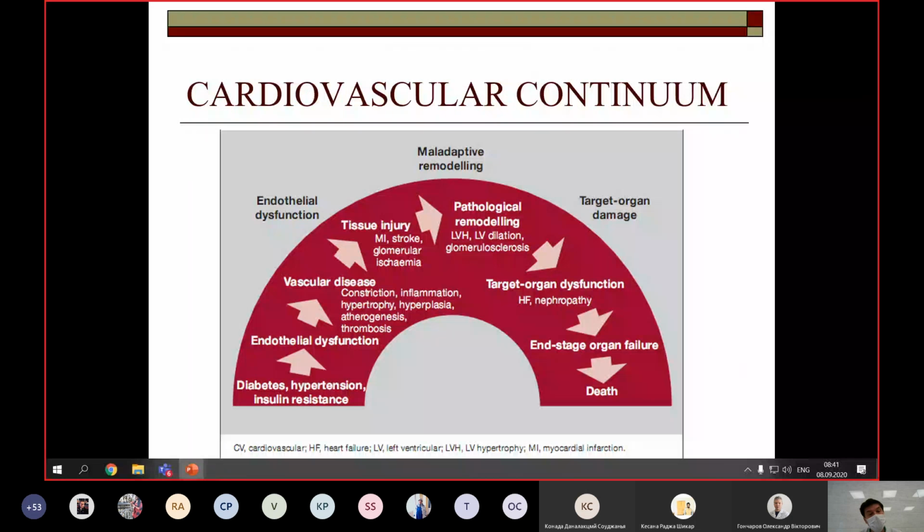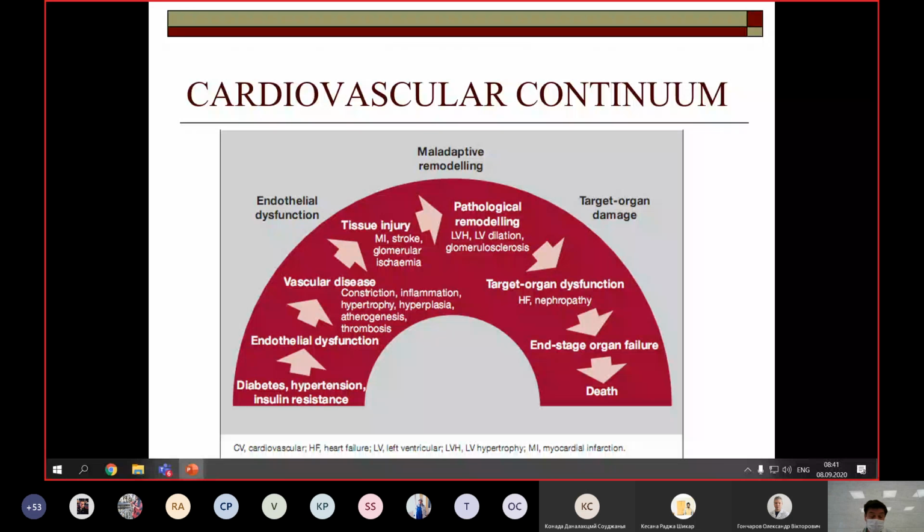On this slide, you have the illustration of the cardiovascular continuum reported recently by Eugene Braunwald. The slide illustrates some molecular mechanisms and the interrelationship between cardiovascular risk factors, including arterial hypertension at the beginning of the curve, and at the end stage, organ failure and death.